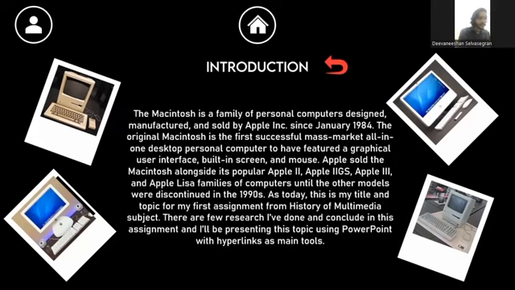The original Macintosh is the first successful mass-market all-in-one desktop personal computer to have featured a graphical user interface, built-in screen, and mouse. Apple sold the Macintosh alongside its popular Apple II, Apple IIgs, Apple III and Apple Lisa families of computers until the other models were discontinued in the 1990s.